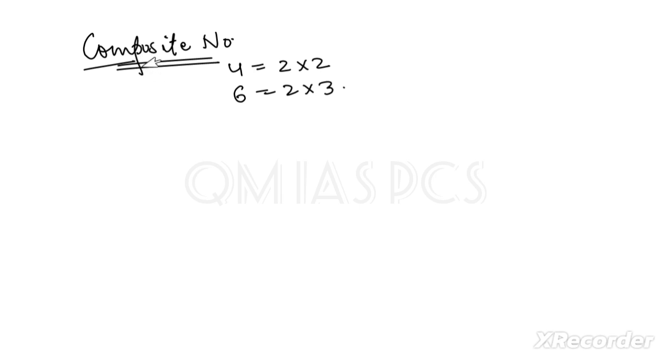Just learn this one, note it down, and later on we will discuss how to initiate the questions. Then the next one is factors. What are factors and multiples? Factors are those numbers that divide a particular number.